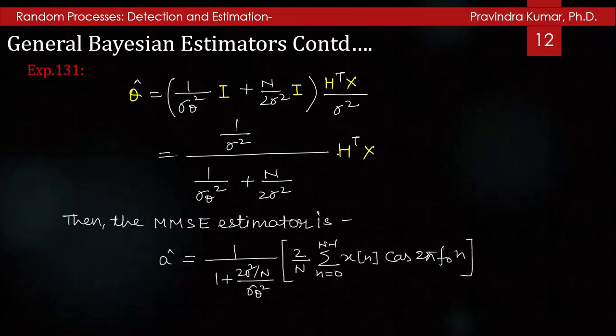And then the MMSE estimator of A will be A cap is equal to 1 by 1 plus 2 sigma square by n divided by sigma theta square, into 2 by n summation n equals 0 to n minus 1 x[n] cos 2 pi f naught n.